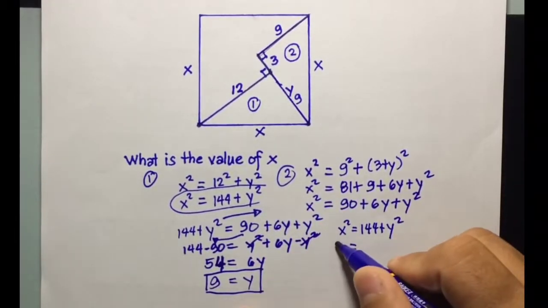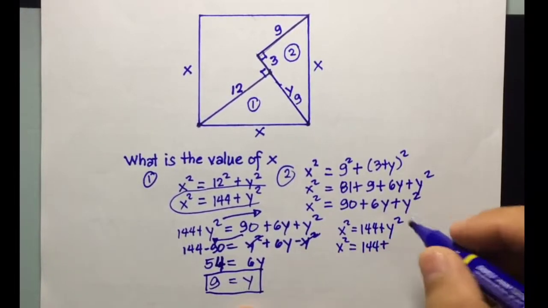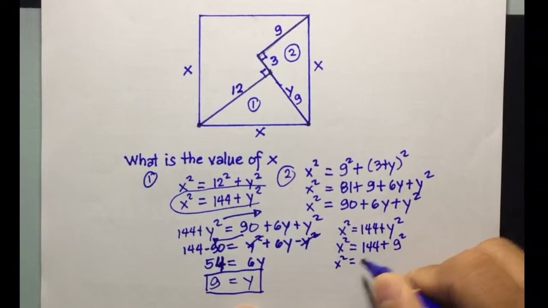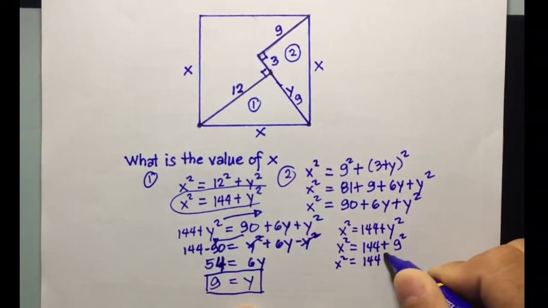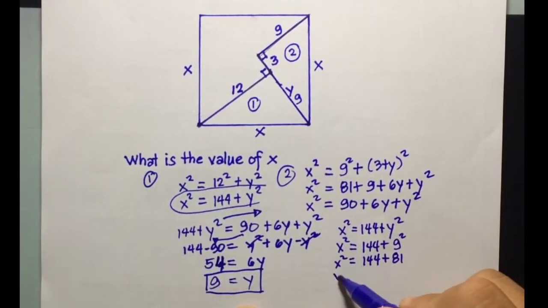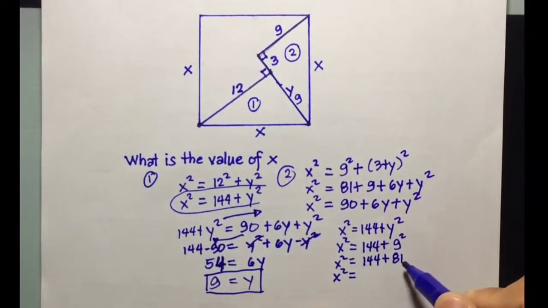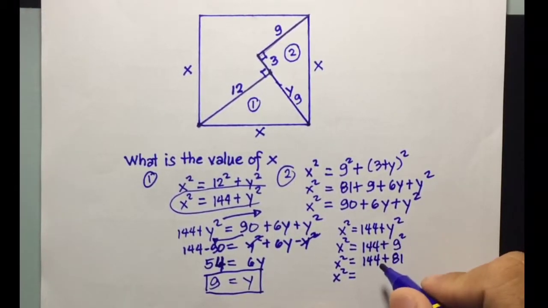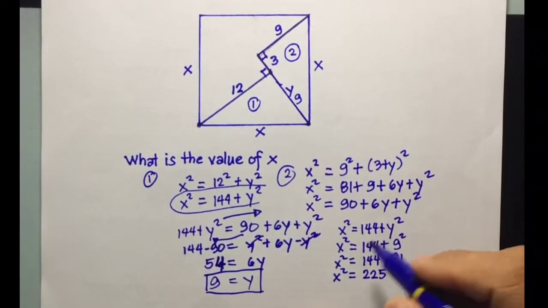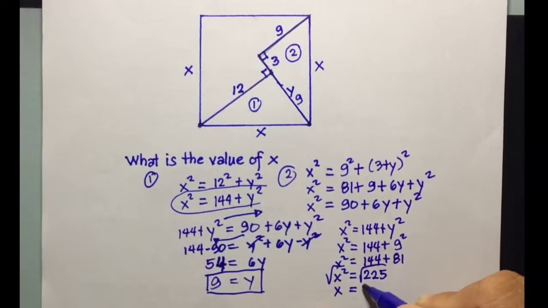So x squared equals 144 plus 9 squared, which is 81. Then x squared is equal to 144 plus 81, that is 225. Then extracting the square roots, x here is equal to 50.